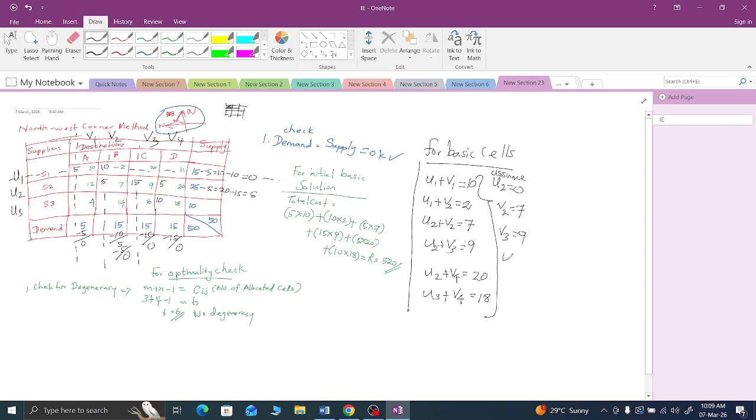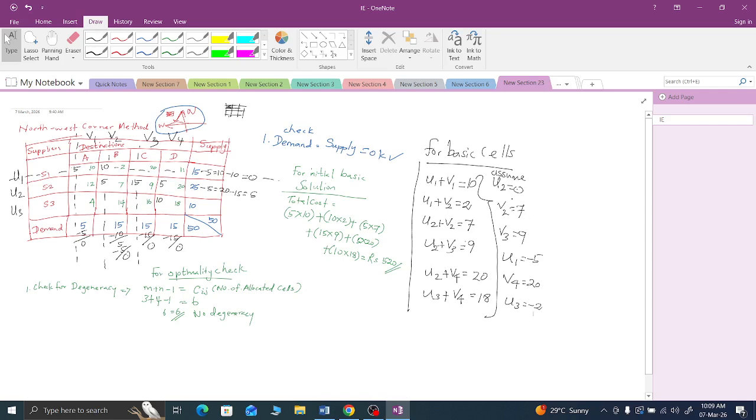Then u2 is 0, so v4 is equal to 20. u3 plus v4, you know v4 is now 20, so u3 is equal to minus 2.